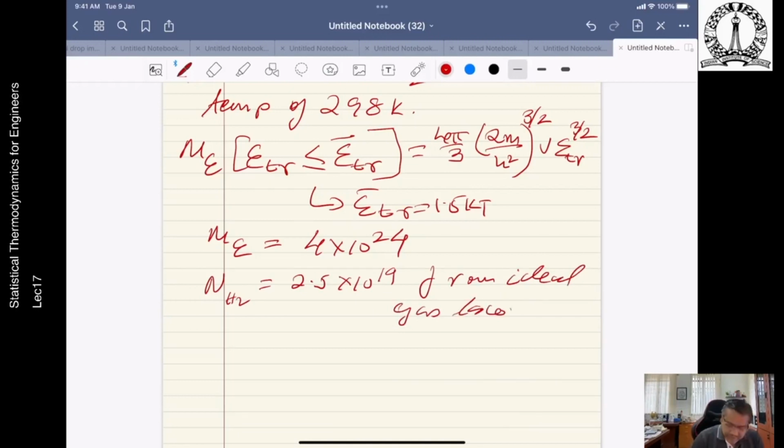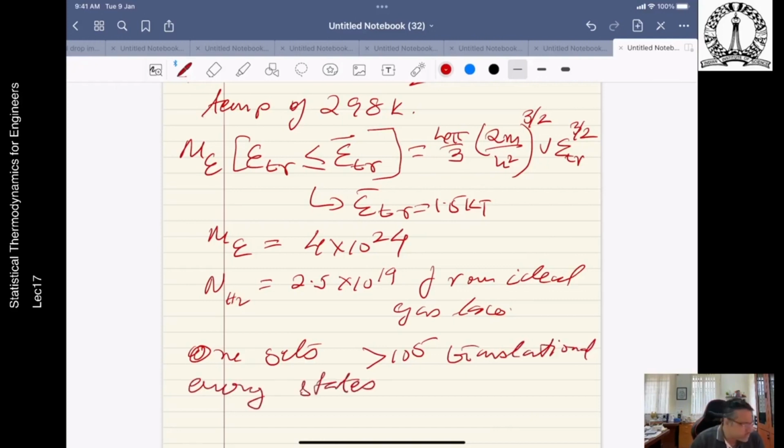So one gets more than 10 to the power of 5 translational energy states per molecule.